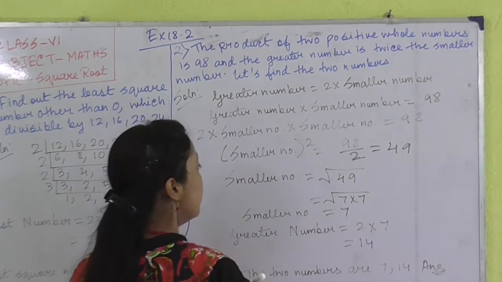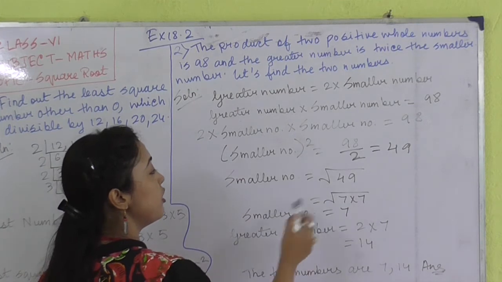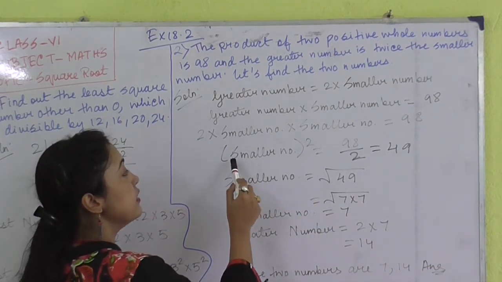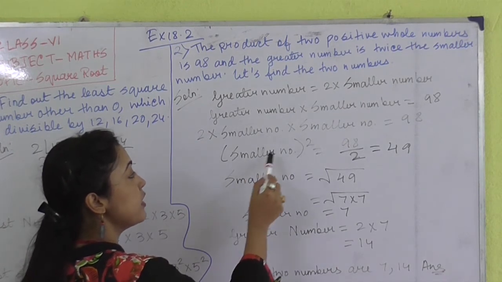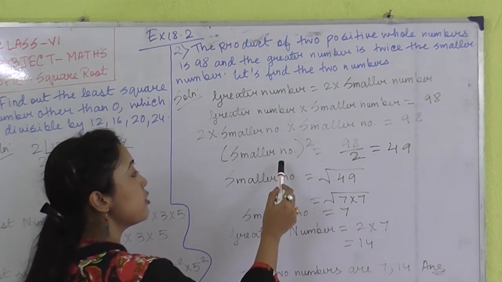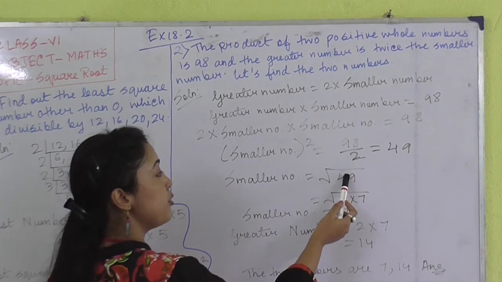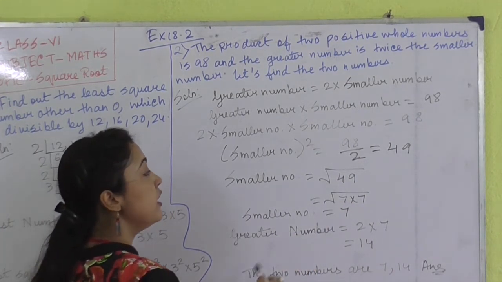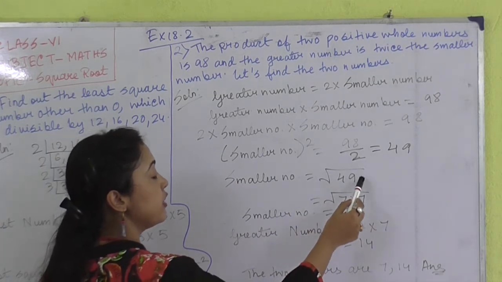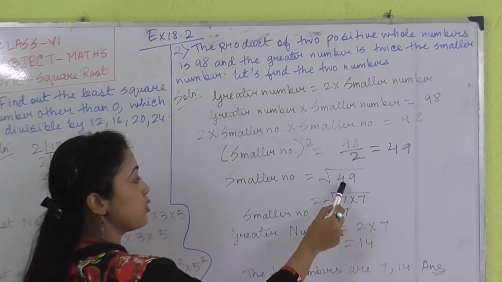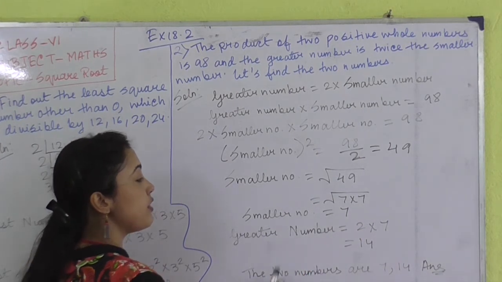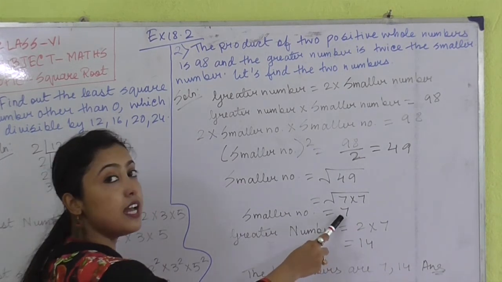So the smaller number is root over 49, and why root over 49? Because the square of the smaller number will shift in the square root form to the right hand side of the equal to sign. So the square root of 49 is 7. In this way we have got our smaller number as 7.